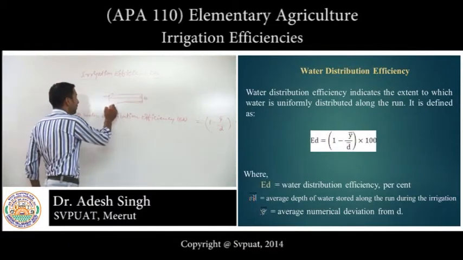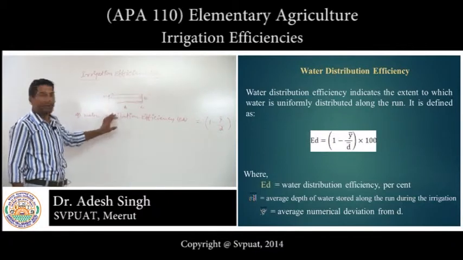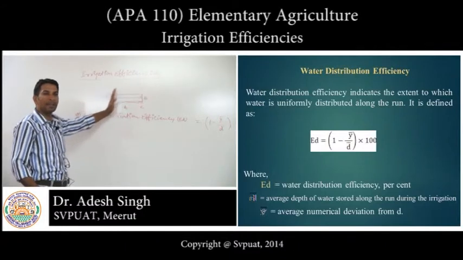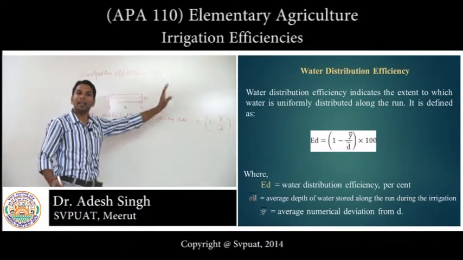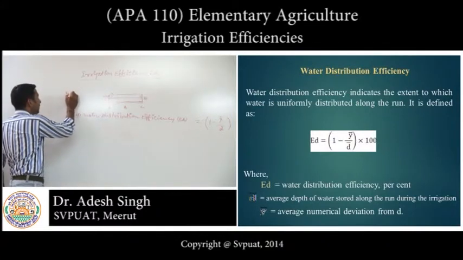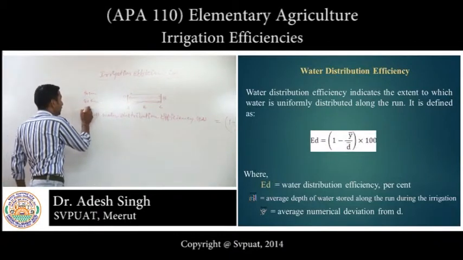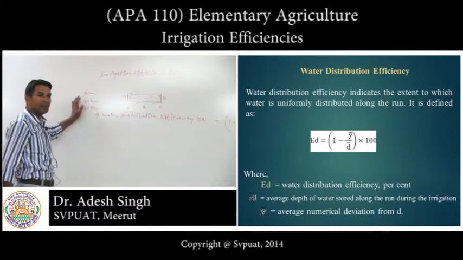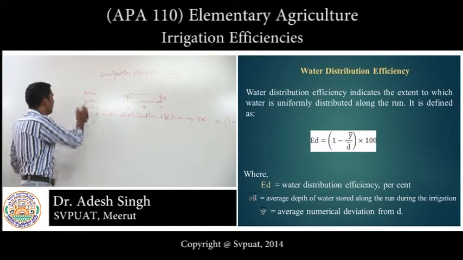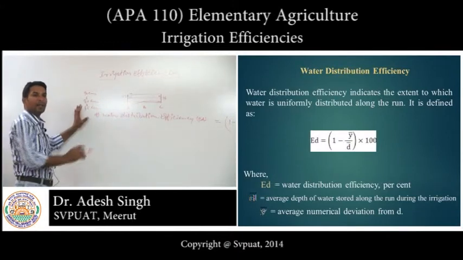Say, for example, if we take the 3 important points, and the wetness in a field at the upper reach, middle point and tail end is, say, 90 centimeter, 80 centimeter and 65 centimeter, then the D bar is simply 90 plus 80 plus 65 divided by 3.